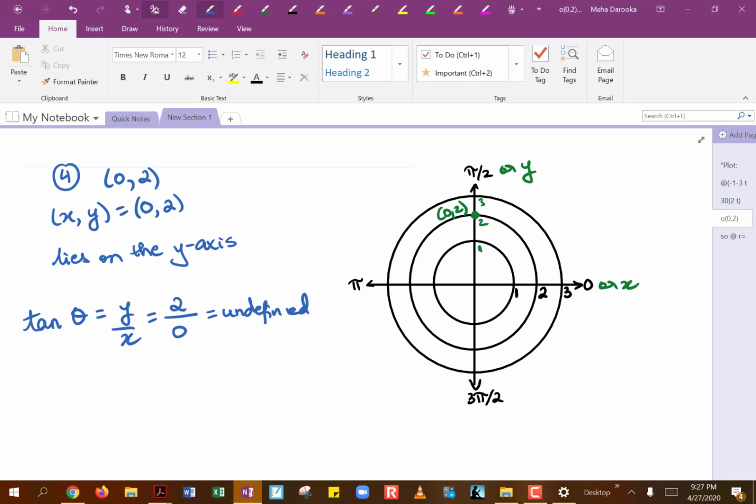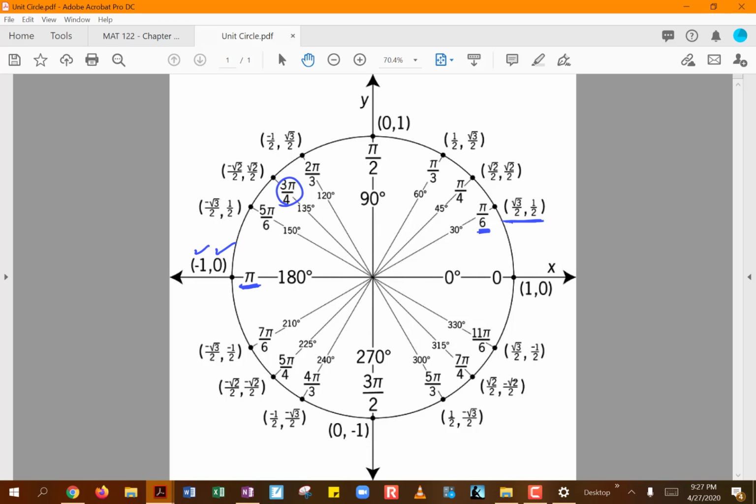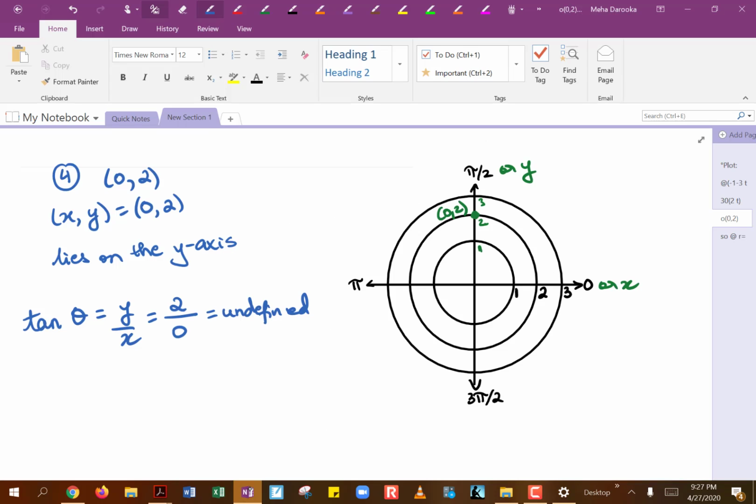Remember, anytime you end up dividing by 0, you are going to have an undefined value for tangent. So that happens at pi over 2, because we end up dividing 1 over 0, which is undefined. It also happens at 3 pi over 2, but of course we're interested in the first angle you come across, which is pi over 2. So that means our theta is going to be pi over 2.